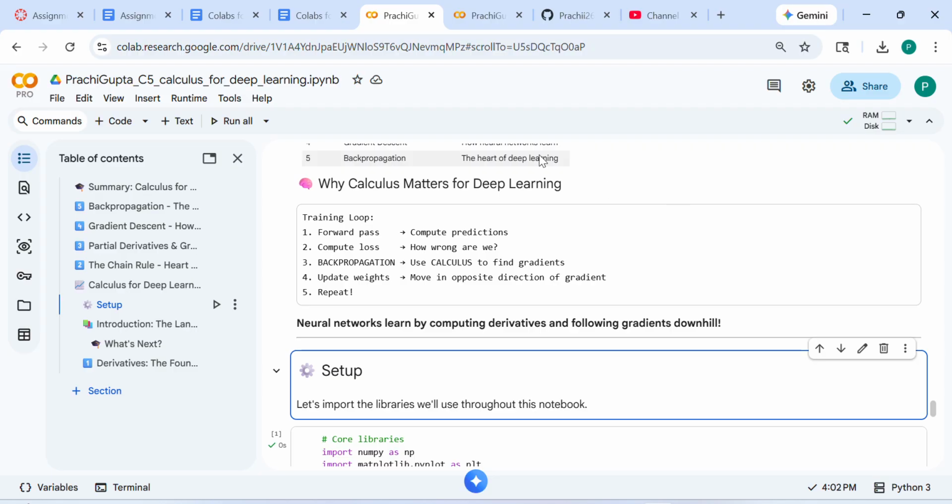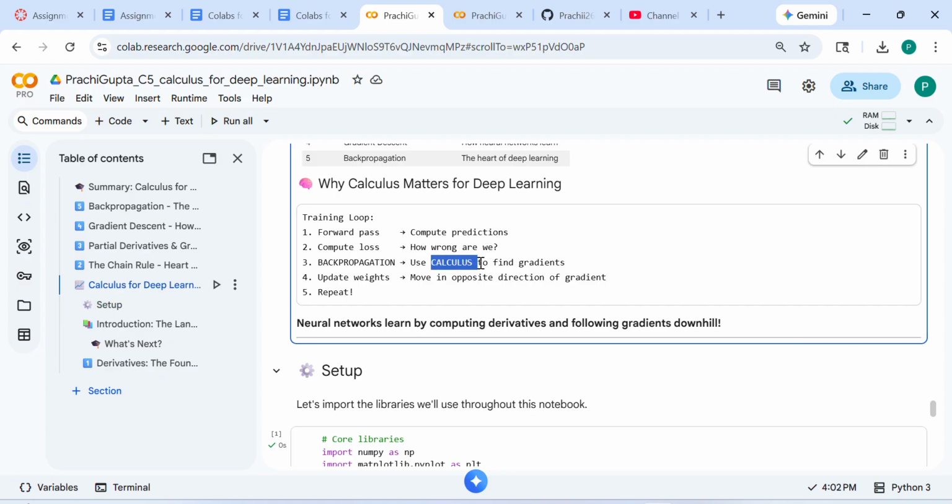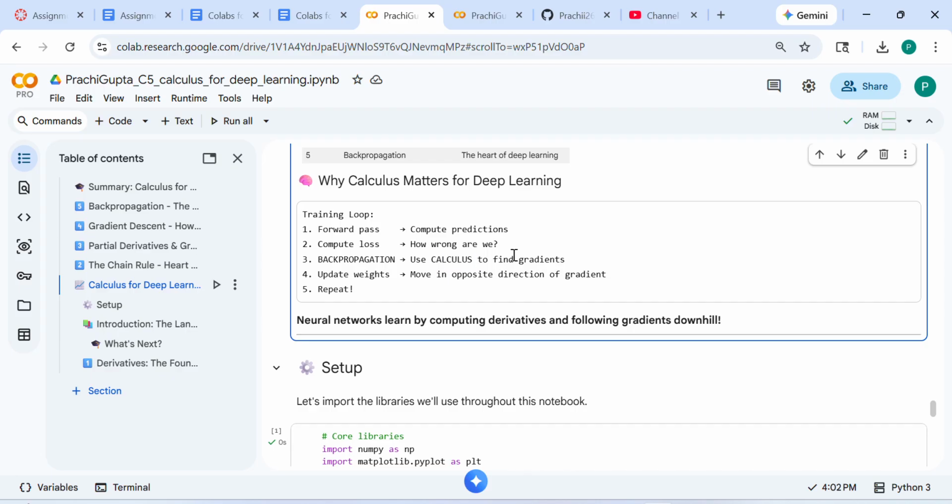So, why does calculus matter for deep learning? Because we have a training loop. We have a forward pass that computes the prediction. Then we compute the loss, like how wrong we are, and then we back propagate, using calculus to find the gradient. Then we update the weights, moving in the opposite direction of the gradient, and we repeat until we reach close to zero loss.